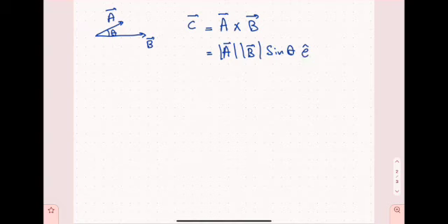If these two make this plane together, then the C vector would always be perpendicular to them. You should imagine this in 3D. It could be in this direction, or it could also be in this direction, and that depends on the order of multiplication here.